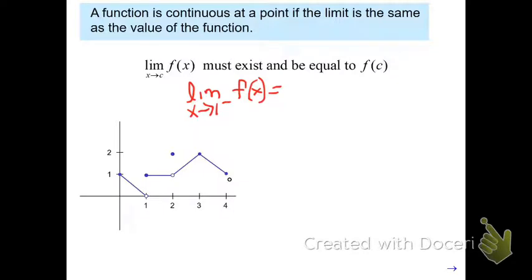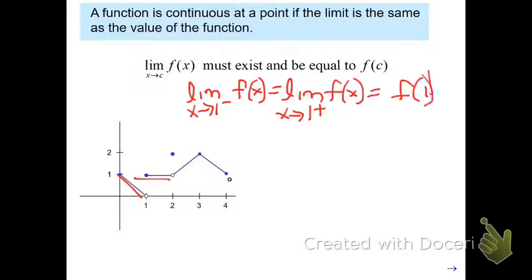Okay, so the limit as x approaches 1 from the left would have to equal the limit as x approaches 1 from the right, which clearly it's already broken, but that would also have to equal f of 1, okay?